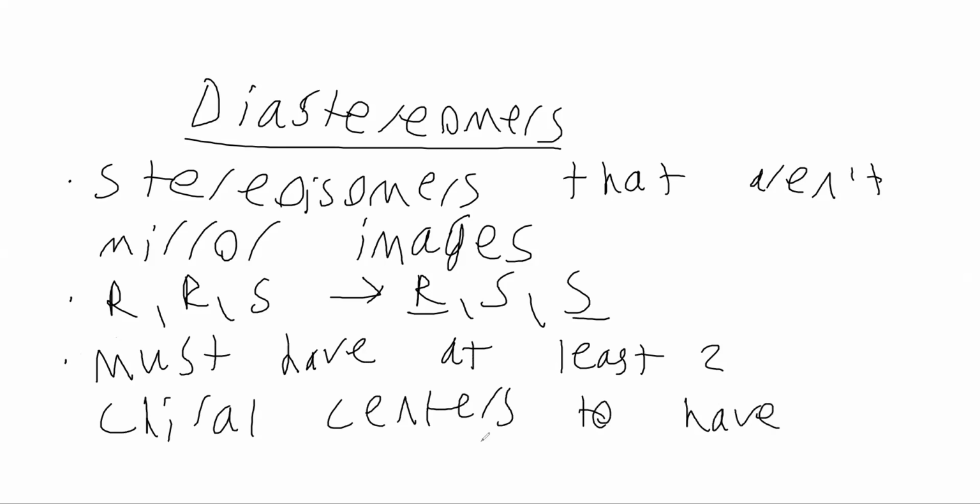Which isn't super rare, so I wouldn't recommend memorizing this little fact, but if there's only one chiral center in a molecule and you're given 2 things that could potentially be isomers, it can't be a diastereomer because there's only one chiral center. So I think that's more important to be able to recognize than to memorize as a fact.